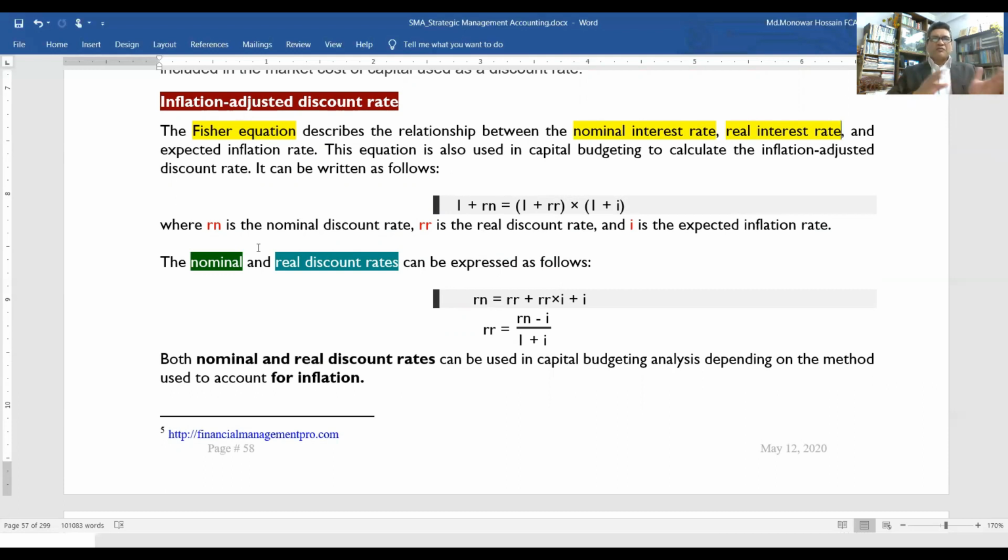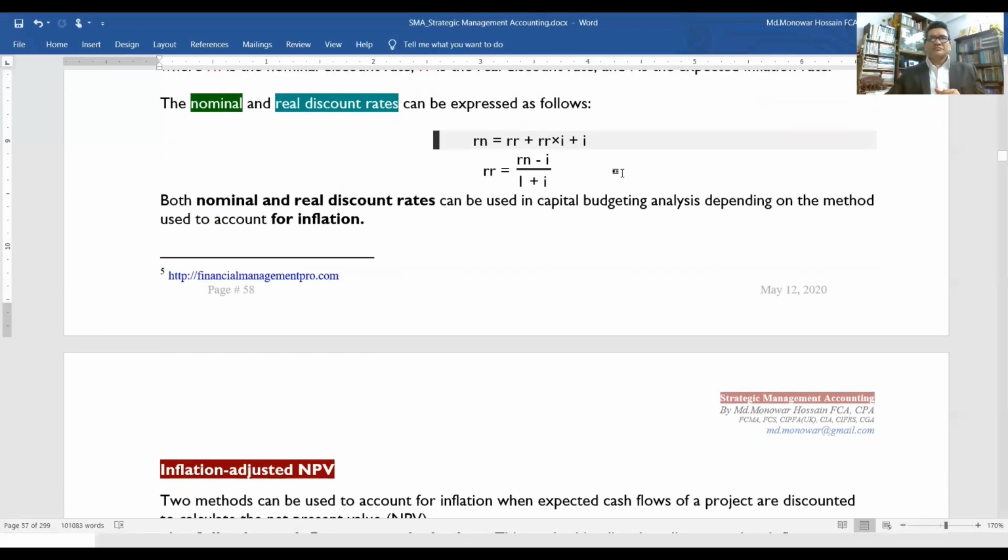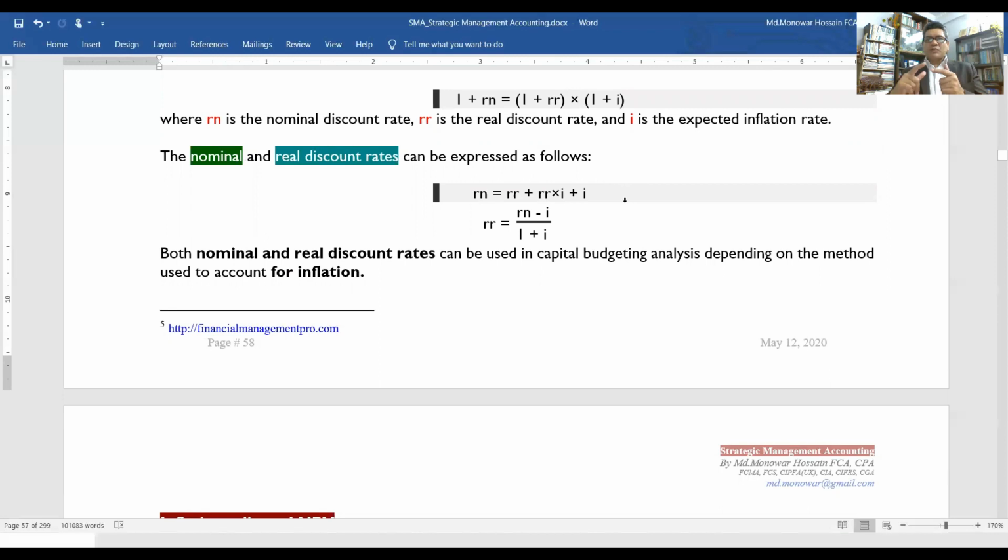So the nominal and real discount rates can be expressed as follows: Rn = Rr + Rr × i + i, or Rr = (1 + Rn)/(1 + i) - 1. Both nominal and real discount rates can be used in capital budgeting analysis, depending on the method used to account for inflation.